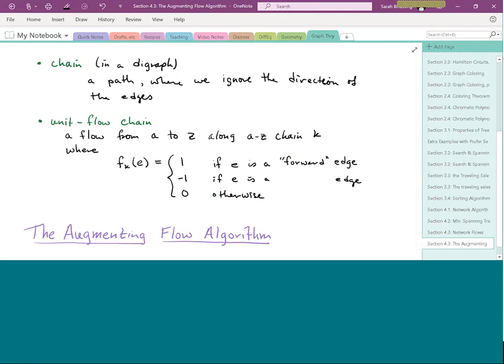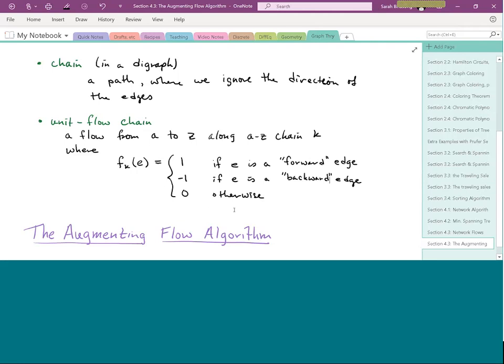So the -1 would be when you go along an edge in the opposite direction of what you're supposed to, and we are totally going to call it a backwards edge. Now, if you look at any edge that is not in the chain, so edges that we didn't care about, not on the path we cared about, those are 0 in a unit chain flow.